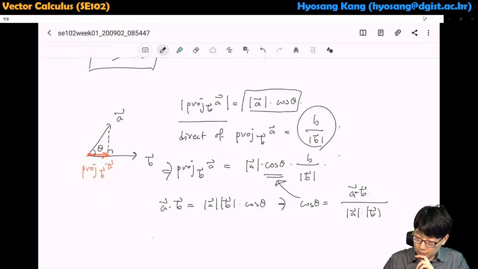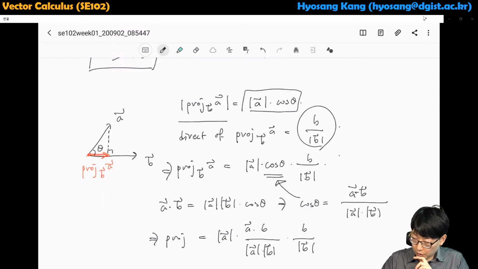So I get the projection is equal to the norm of A times A·B over the norm of A times the norm of B, times B over the norm of B. So we have the inner product here. The norm of A cancels out. We get the desired formula here, right? So this is A·B over the norm of B squared, times B.